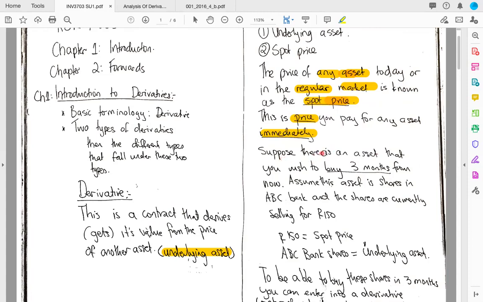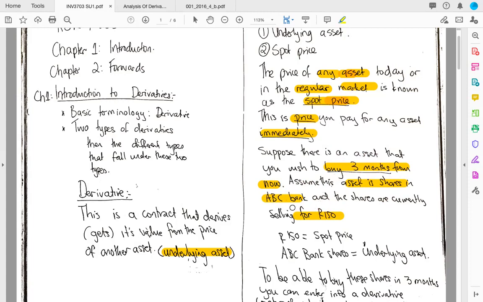So there's a simple example here illustrating what we mean by the spot price. So suppose there's an asset that you wish to buy 3 months from now. Suppose you wish to buy shares in a certain company 3 months from now. And let's say that these are shares in a bank, shares in ABC Bank, and the shares are currently selling for 150 Rand, okay?